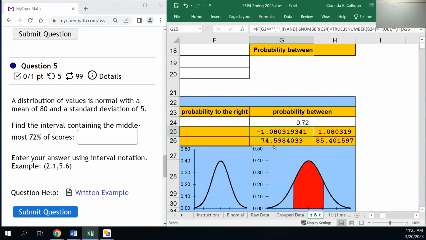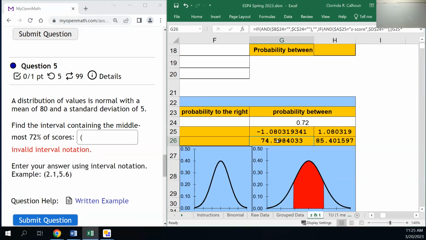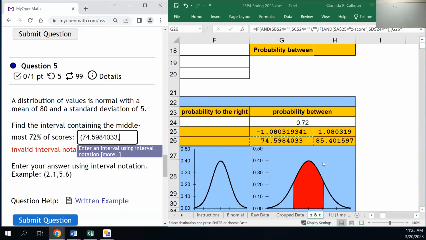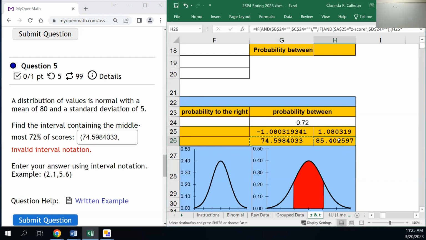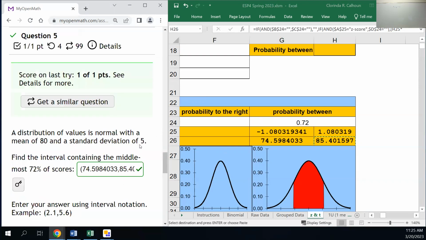Type your probability as a decimal, and then you have to copy these, and I try it different ways. I like just to copy them one at a time. Put my parentheses before and after. They actually rounded it to 1 decimal place.